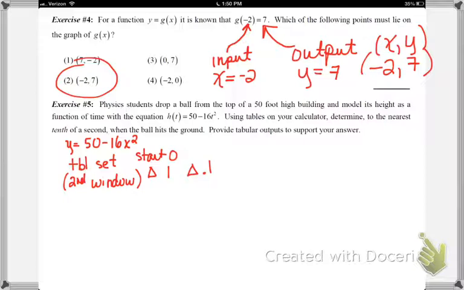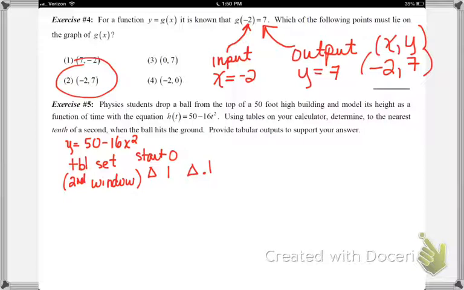You can see from your table that at 1.7 seconds it was 3.76 feet above the ground, and at 1.8 it was already below the ground. So when did the ball hit the ground?